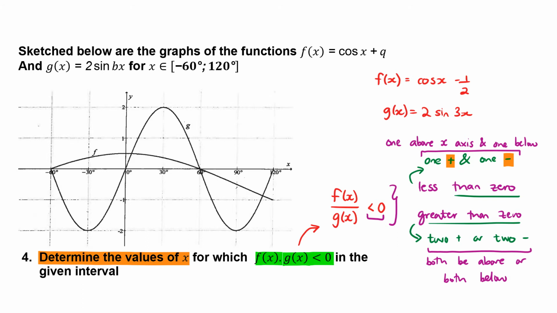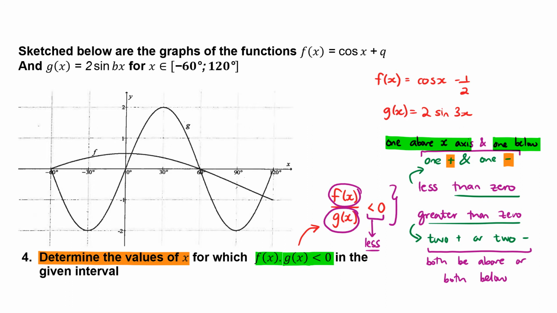When you see less than 0, it's saying, when will f of x divided by g of x, or f of x times g of x, be negative? In order to get a negative, one will have to be above the x-axis and the other one below the x-axis.